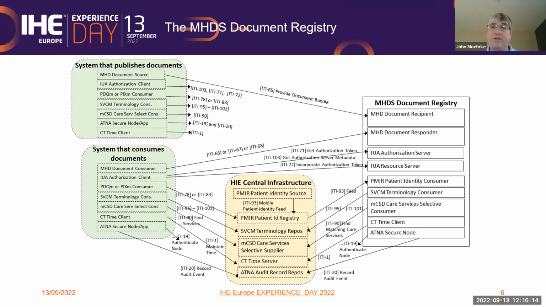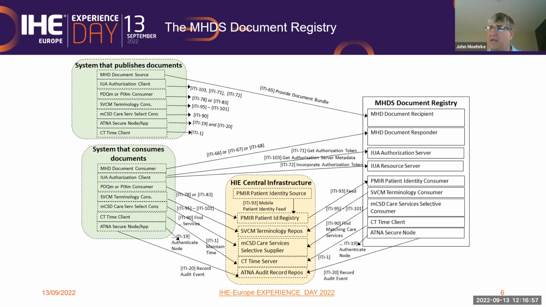And you'll notice there that these systems are comprised of other client-side IHE implementation guides profiles. So the MHD document source, the IUA authorization client, the PDQM or PIXM consumer, sharing of value sets and concept maps, terminology consumer, MCSD is the directory, and it's the consumer actor, ATNA, and consistent time, like we always bring in here.